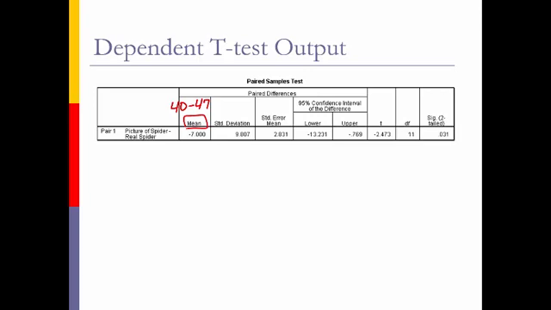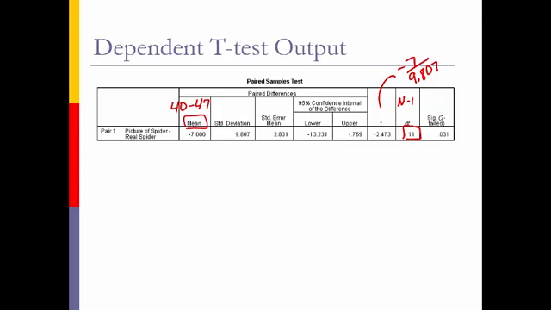The t-value is equal to that -7 divided by our standard deviation, 9.807, which gives us our -2.473. And we have degrees of freedom is equal to n-1, so 12 minus 1 gives us 11.